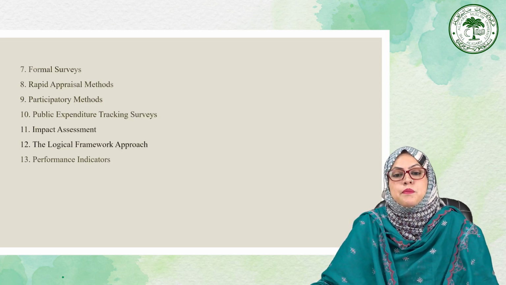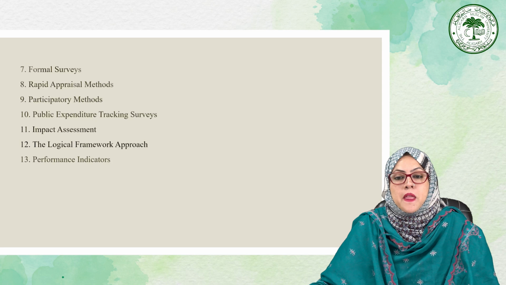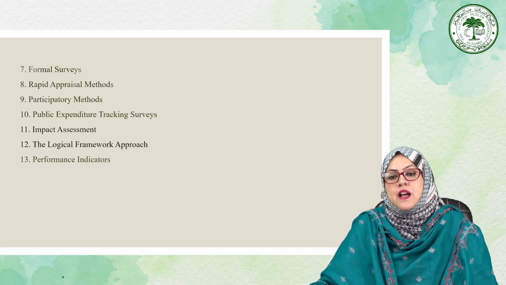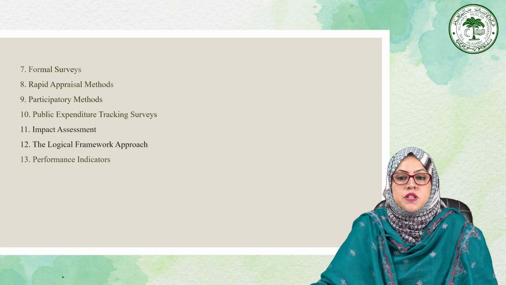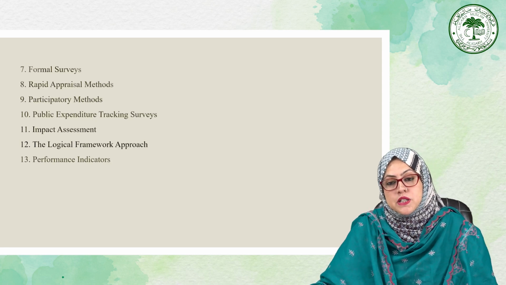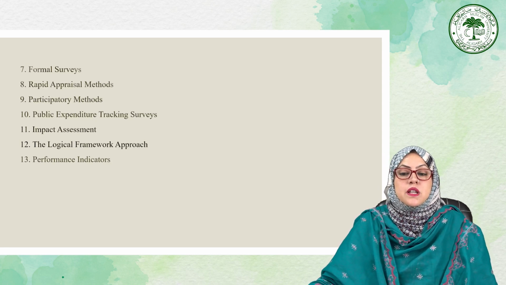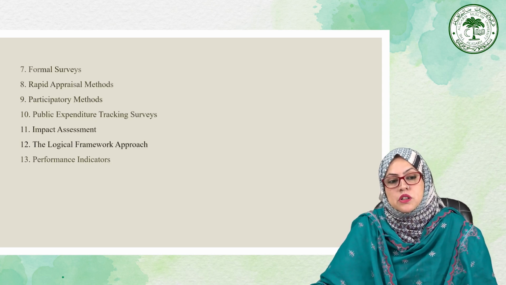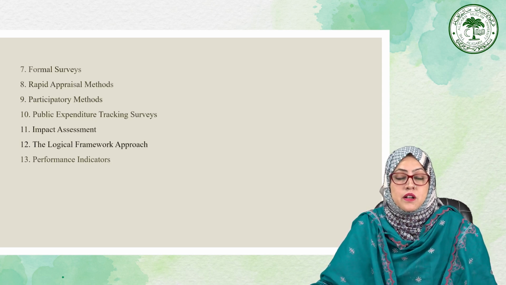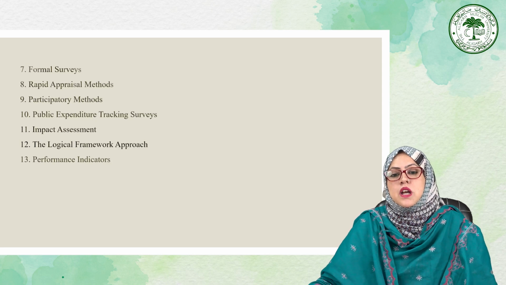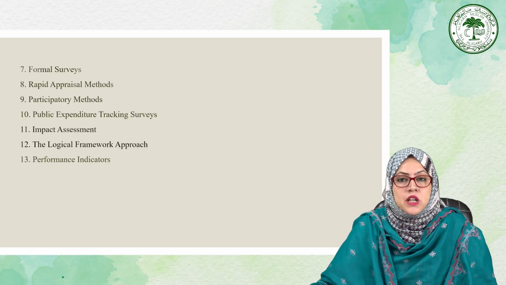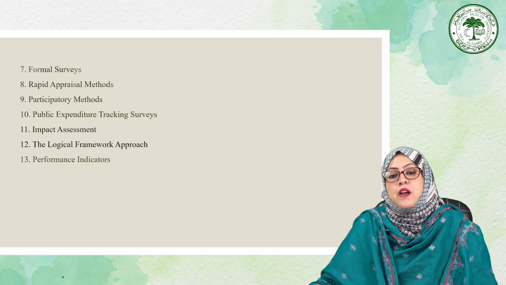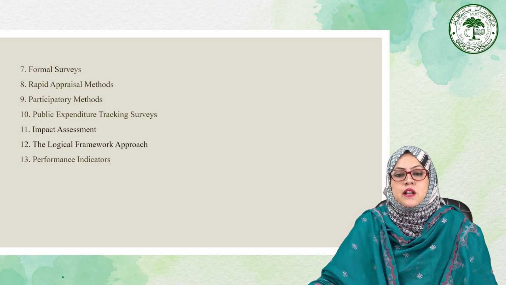PETS are also implemented as a part of the larger service delivery and facilities surveys, which focus on the quality of service, characteristics of the facilities, their management, incentive structures, etc. So, through public expenditure tracking surveys, one can diagnose the problems in service delivery quantitatively, and it also provides evidence on delays, leakage, and corruption.